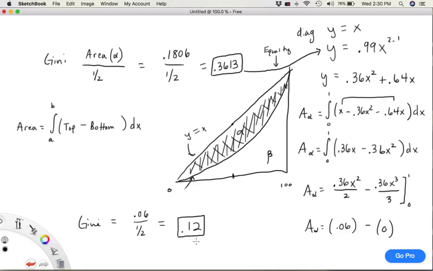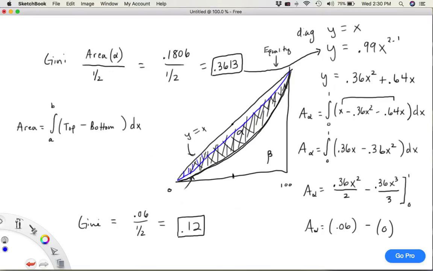So the Gini coefficient actually went down, and that means that the income distribution is more balanced. So if this black curve, maybe this one, represents 0.3613, and then the 0.12 is going to be, I'll draw in blue, a little closer to being a perfectly flat distribution.